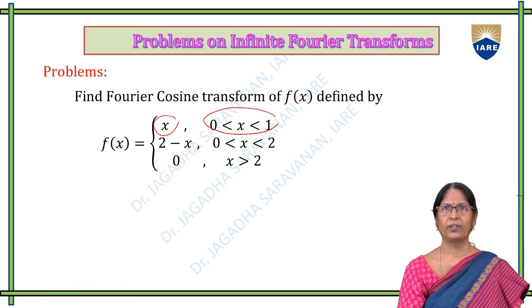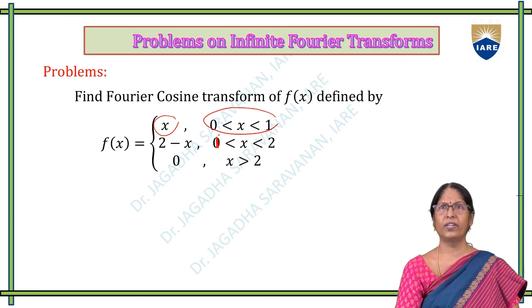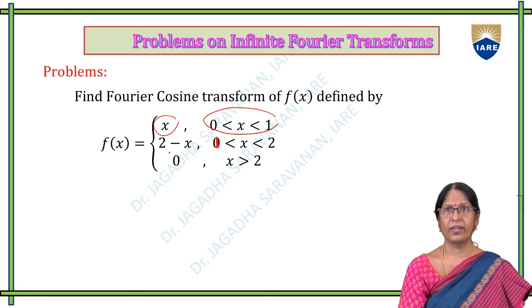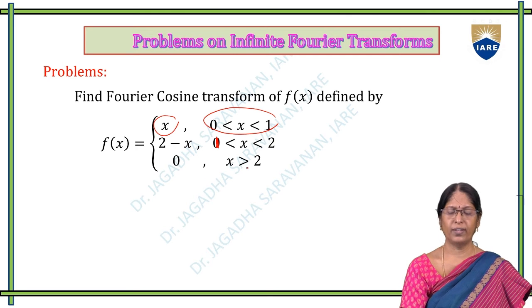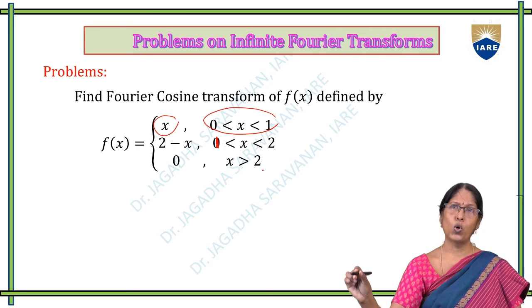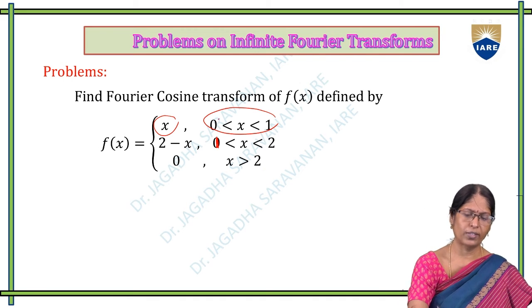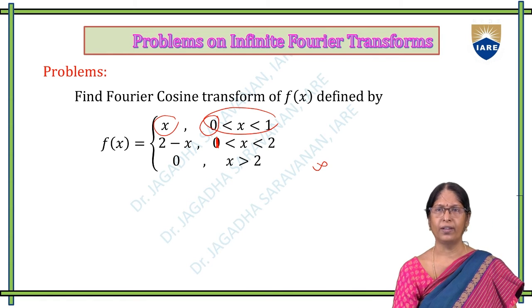If x lies between 1 to 2, here 1 should be there, then the function is 2 minus x. If x is greater than 2, that is, from 2 going on up to infinity, the function is 0. So the starting is 0, the ending is infinity. 0 to infinity is our interval range.